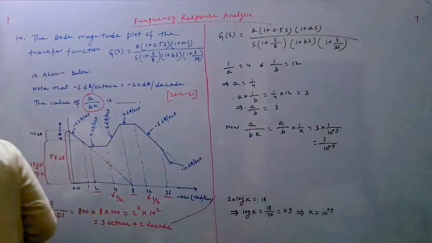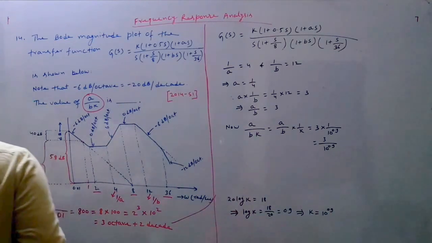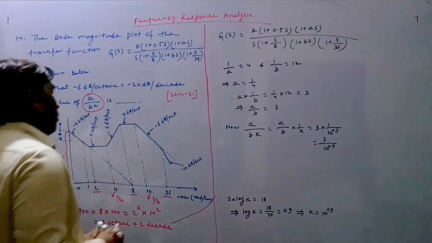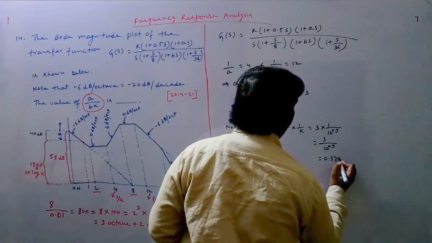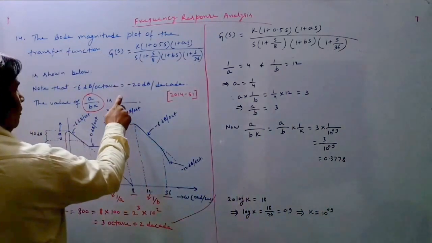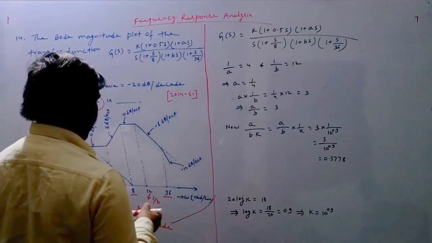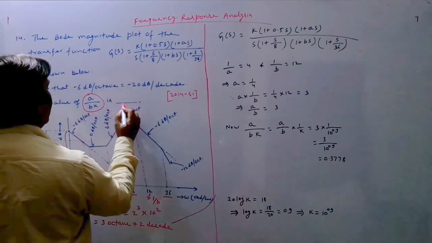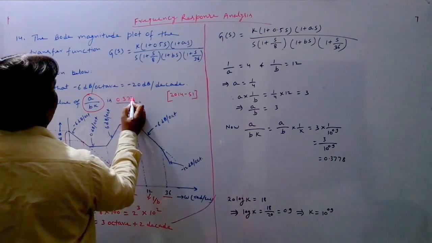Now if we evaluate this by calculator, it will give 0.3778. So the value of a by bk will be 0.3778.